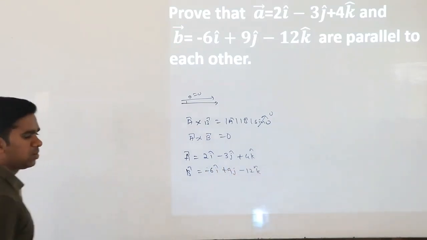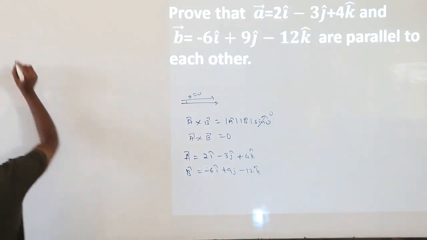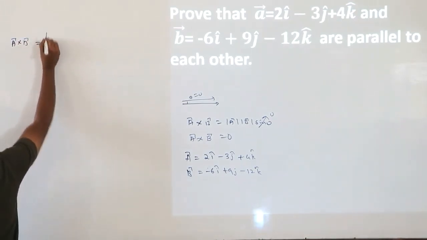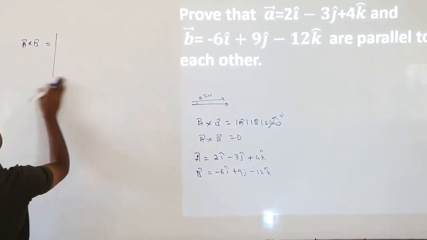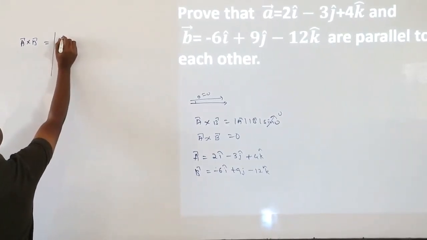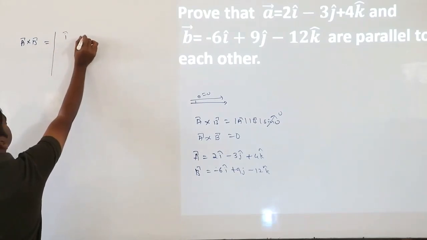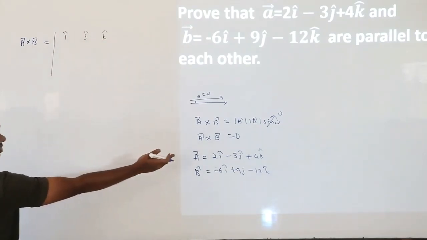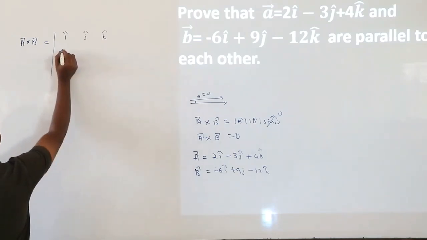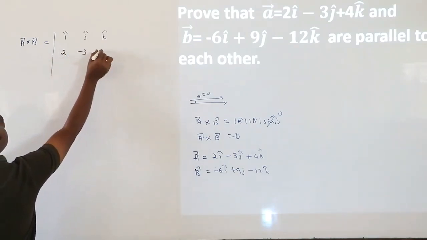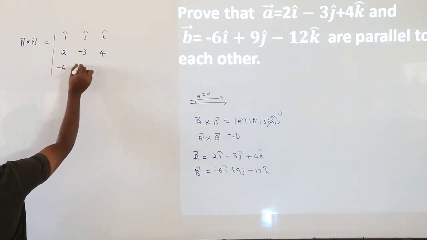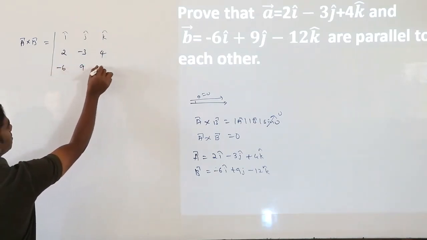So let me take A cross B. You can take the determinant form: i cap, j cap, k cap, then 2, minus 3, 4, then minus 6, 9, minus 12.